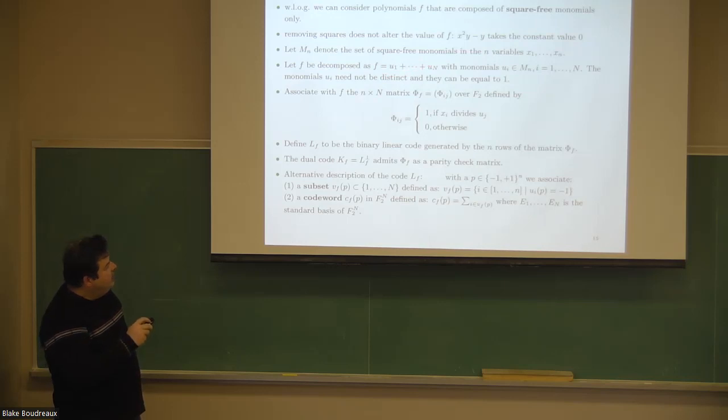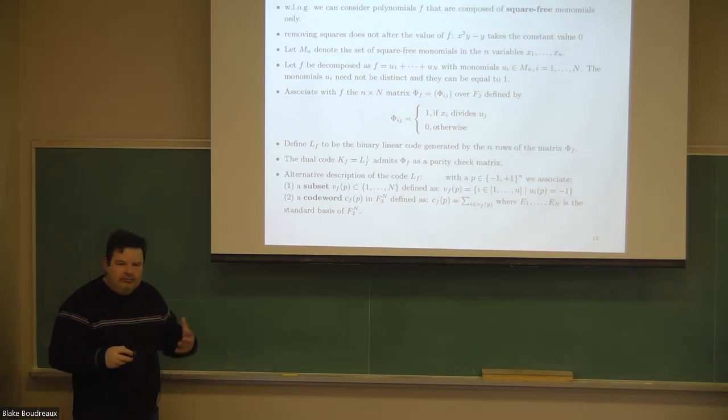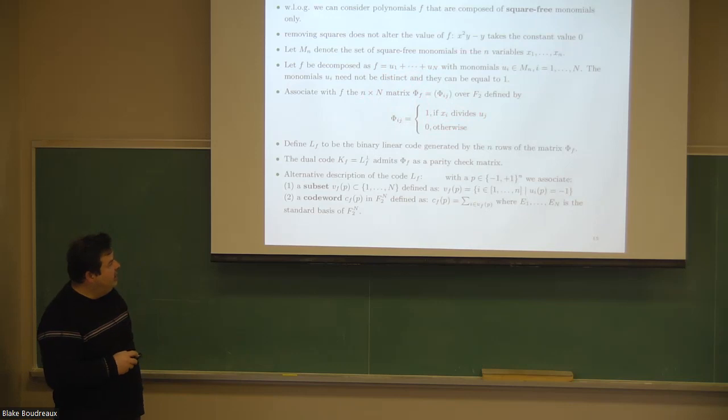And then you make this n times capital N matrix, phi, defined like this. Phi ij is 1 if xi divides one of the monomials uj and 0 otherwise. So it's some sort of indicator function like definition, right? And then you take the binary linear code generated by the n rows of this matrix.